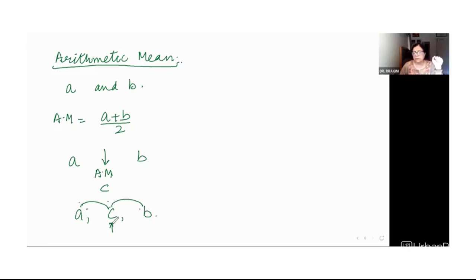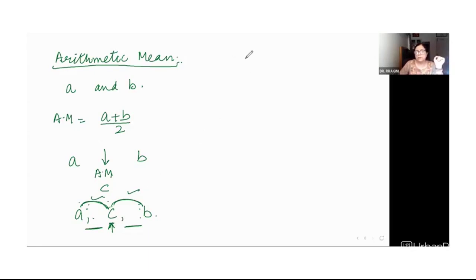Didn't we learn this in AP? If the difference between the first two numbers is the same as the difference between the next two, these three numbers are in an arithmetic progression.